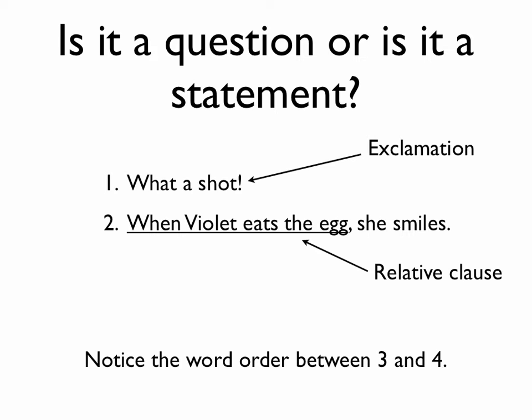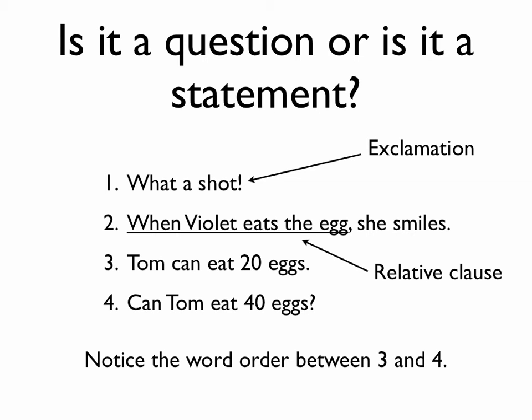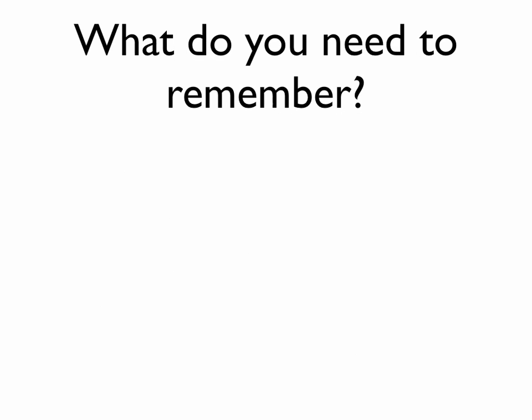When Violet eats the egg, she smiles. So both of these are examples of sentences which begin with question words, but they are not actually questions. Number 3 is a statement. Tom can eat 20 eggs. And number 4 is a question. Can Tom eat 40 eggs? And again, it's important to notice the word order between 3 and 4.